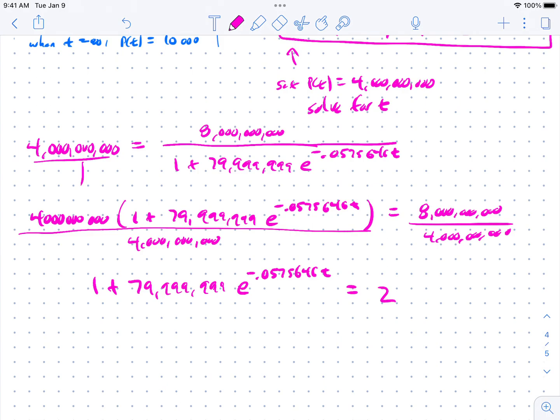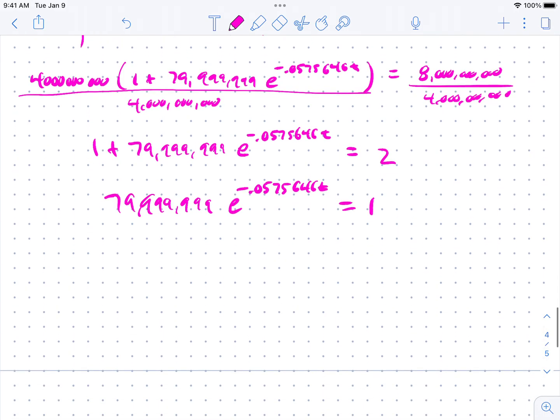Now I subtract 1 on both sides. 2 minus 1 is 1. Okay, divide both sides by that big number.